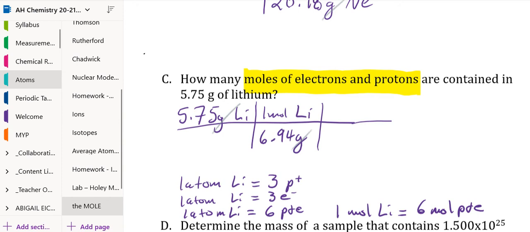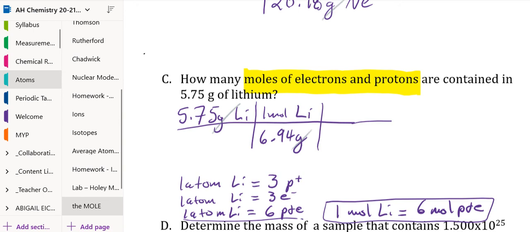So you just multiply 6.022 times 10 to the 23rd by 6. By writing it this way, taking this conversion factor, 1 atom is 6 protons and electrons, we would divide both of those numbers by Avogadro's number.